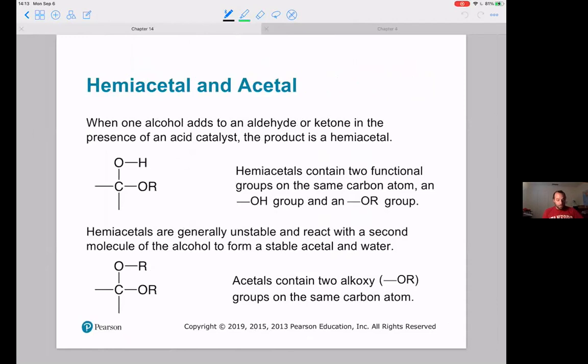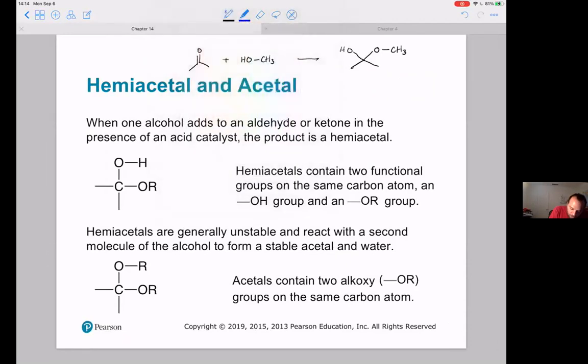Okay, so if we start out with a ketone and then we add in a simple alcohol here, what happens is you have an addition reaction where that alcohol group gets added to that carbonyl carbon, right?